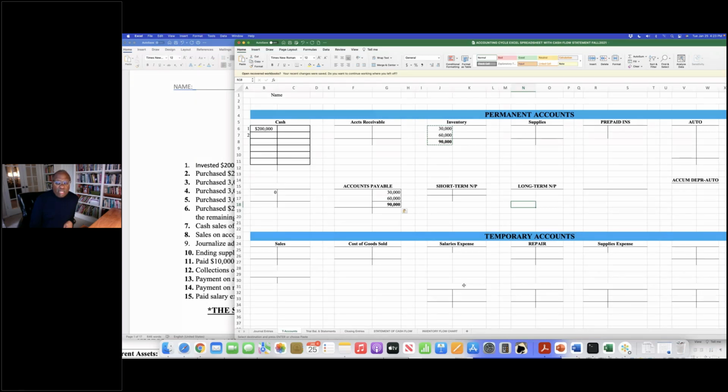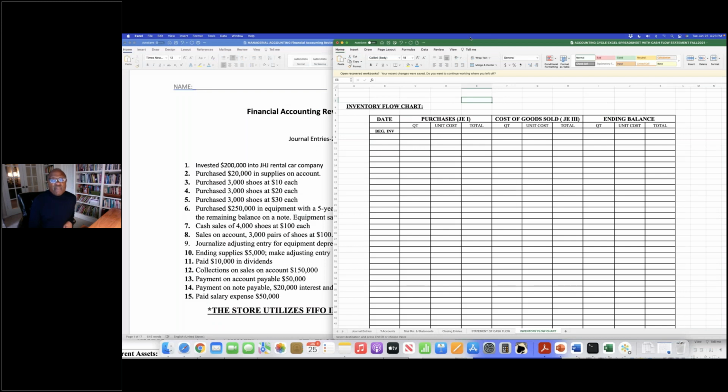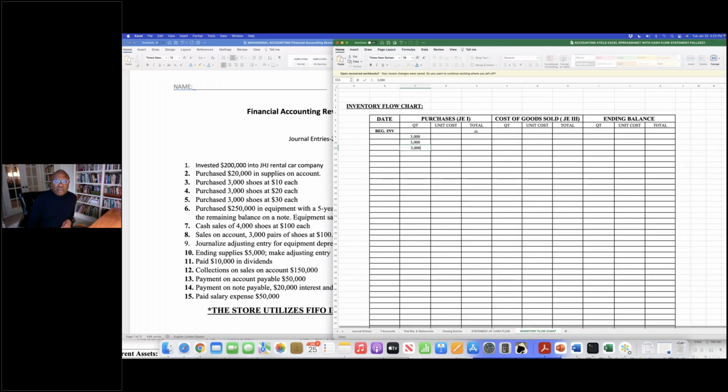We're also going to go to the inventory chart. They don't have a beginning inventory in this problem, so we purchased 3,000 and when we're selling inventory, we keep track of it in a chart like this. So it's at 10, 20, 30.